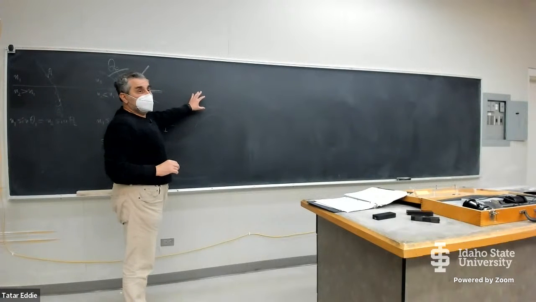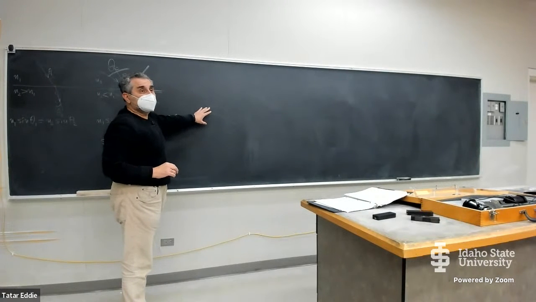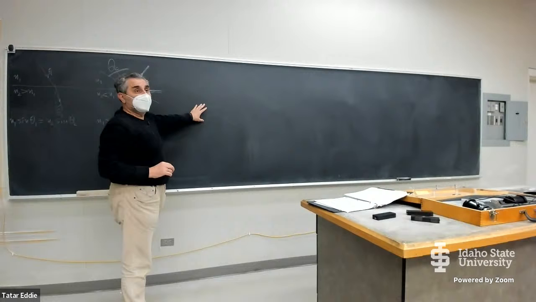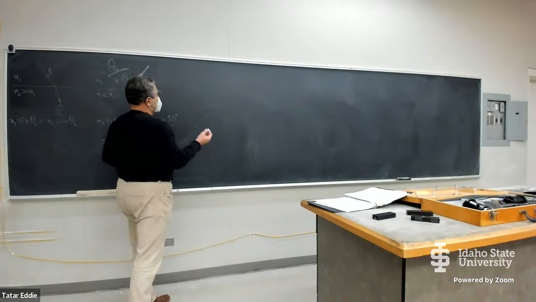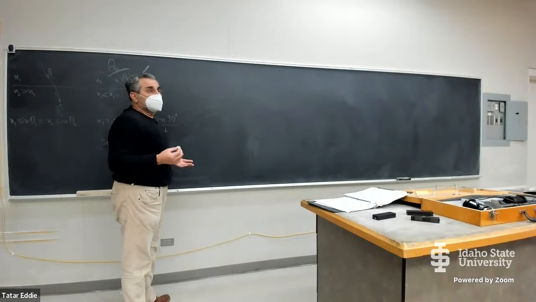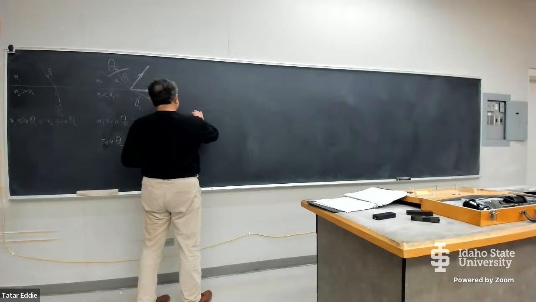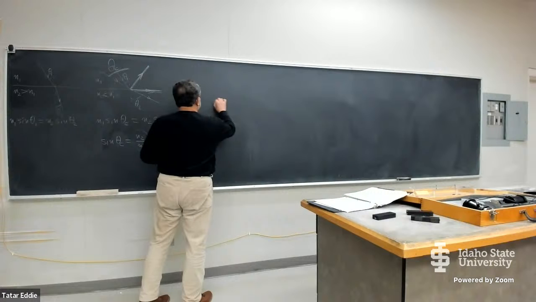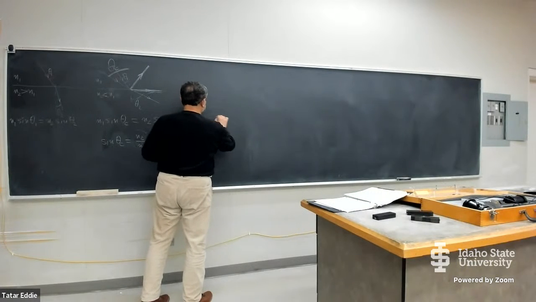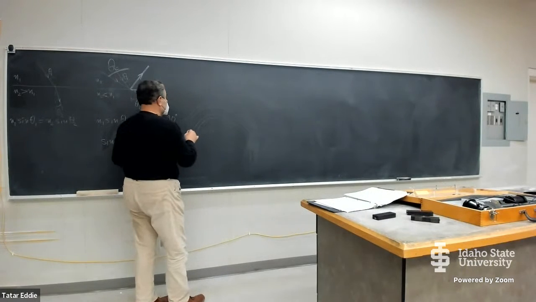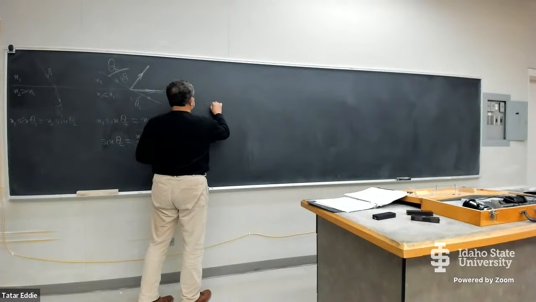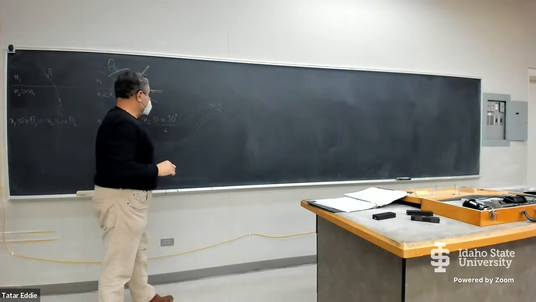So the fiber optic cable has a core, some transparent plastic material, and it is surrounded by cladding, another transparent material with index of refraction n2 that is smaller than the index of refraction of the core.